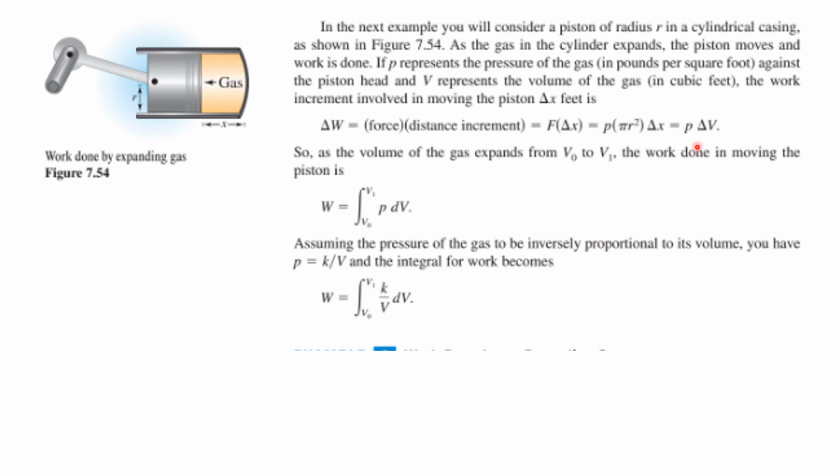And so that's going to be equal to P delta V. So the work as you expand from V0 to V1 is going to be the integral of P dV in the limit. And the pressure of the gas is inversely proportional to its volume. So the pressure is equal to K over V, and the K depends on what the gas is that you're using. So the work is equal to the integral from V0 to V1 of K over V dV.